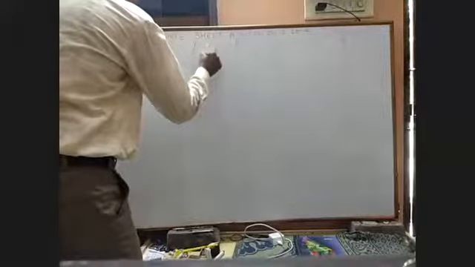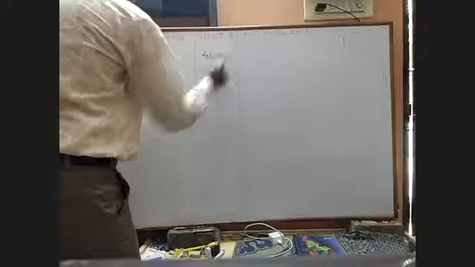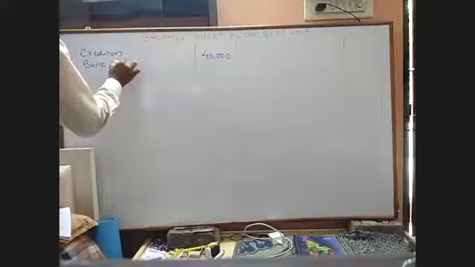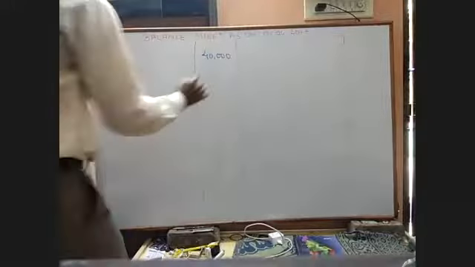Okay, so let's start. First, creditors 40,000. Bank loan 8,000.